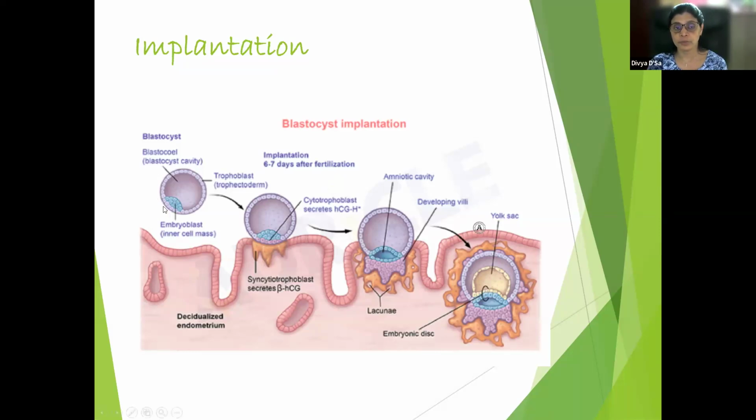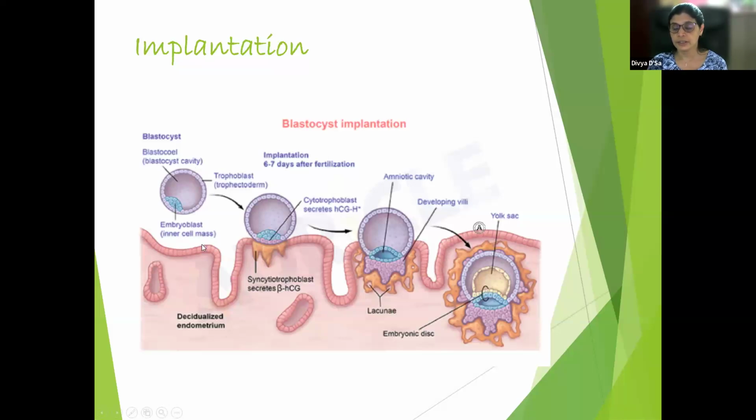Normally the blastocyst has to implant in the upper segment of the posterior wall of the uterus. Till then it travels through the fallopian tube and comes to the uterus, so it should not get implanted in any other abnormal places. That is why the zona pellucida is present.